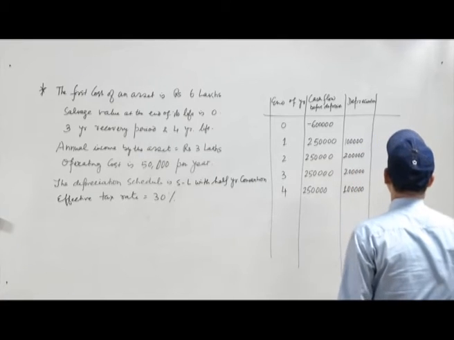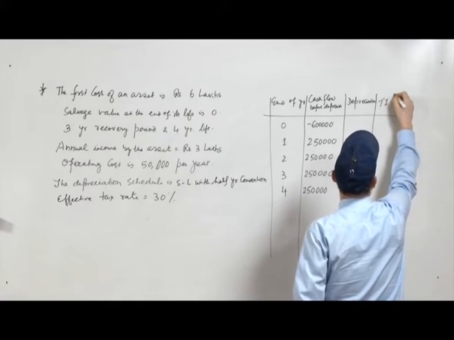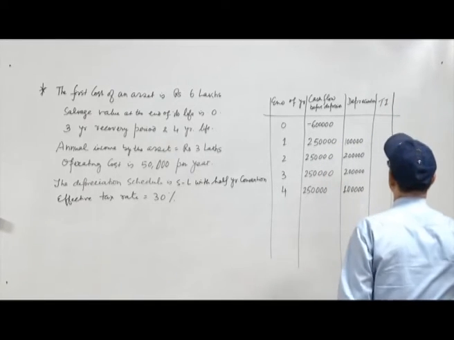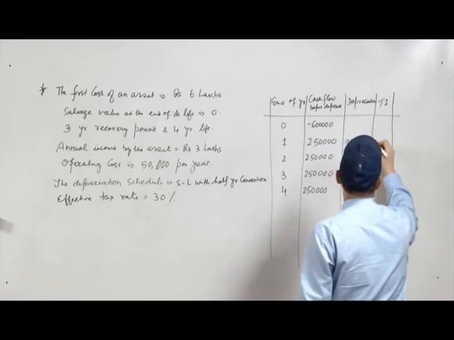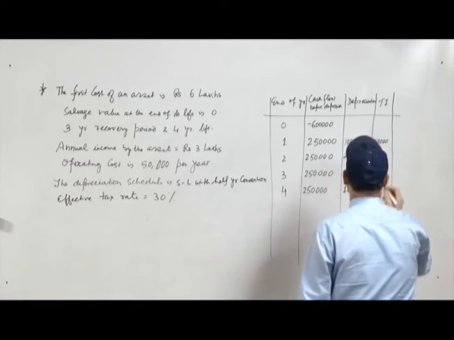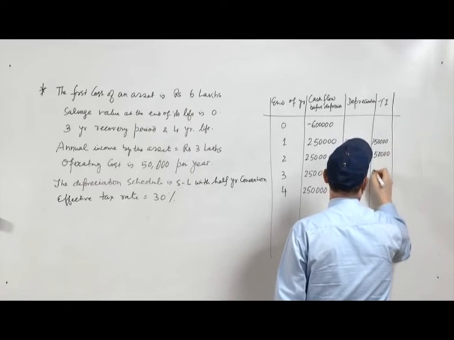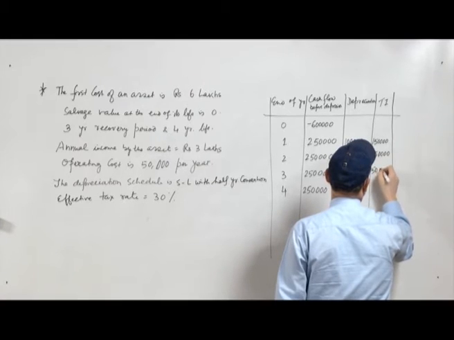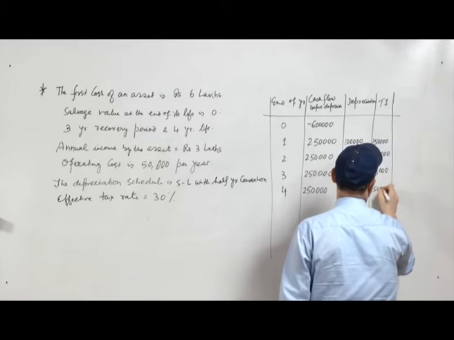Now you will have the taxable income. Taxable income will be income minus depreciation. So, this will be 1,50,000, then 50,000, also 50,000, and again 1,50,000.